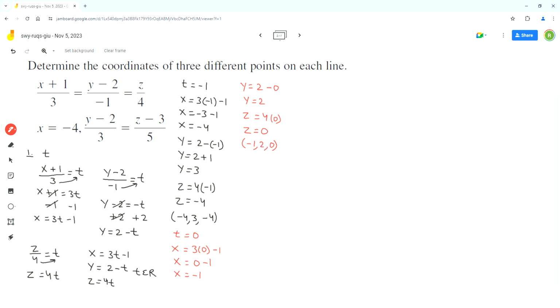Now we can find the third point, and for that we can sub in t equals 1. So let's start with the x equation. I get x equals 2. Now we can sub in t as 1 in the y equation.